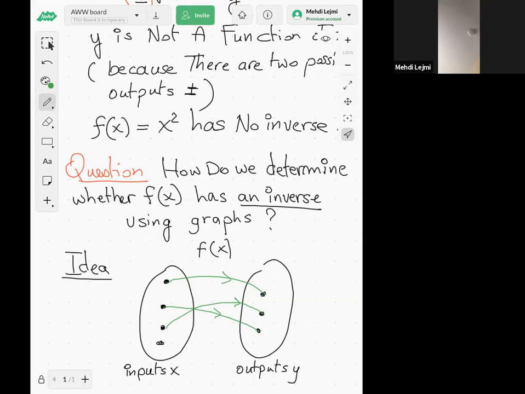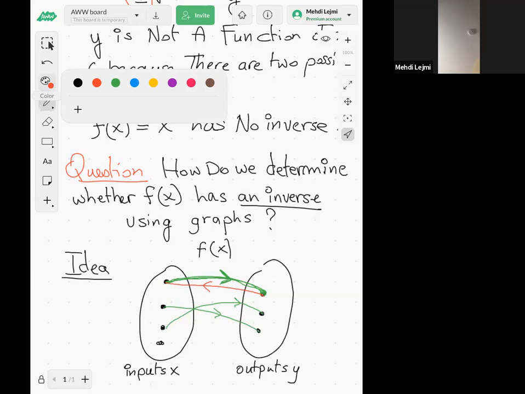Can we go from the set of outputs to the set of inputs? You have the first arrow here, which goes from this point to this one. Now I'm going to reverse the arrow, and go from this point to this one.